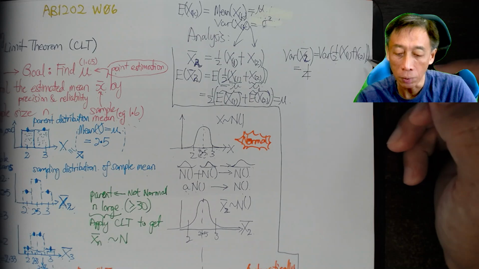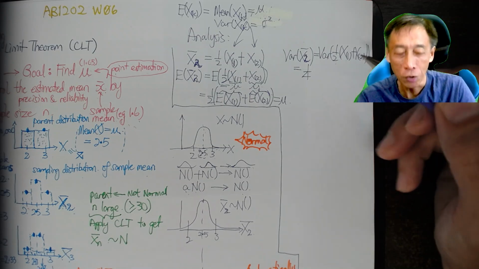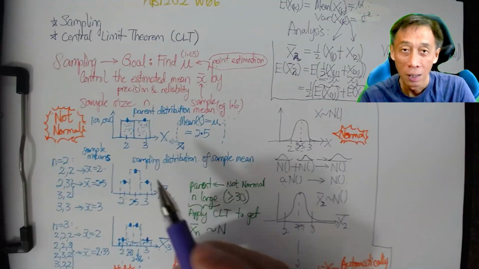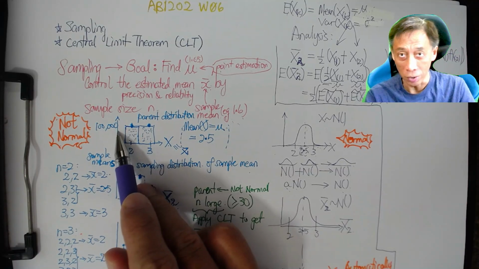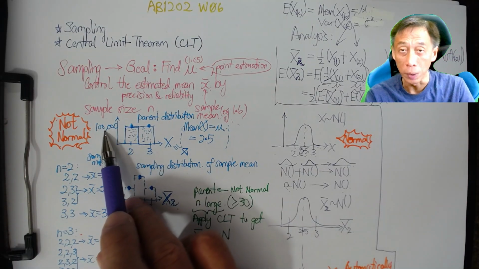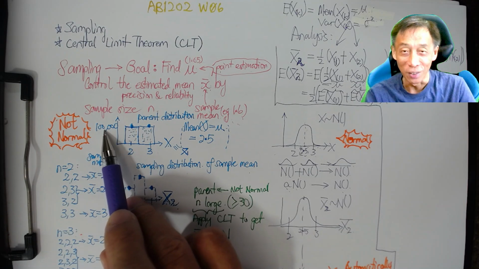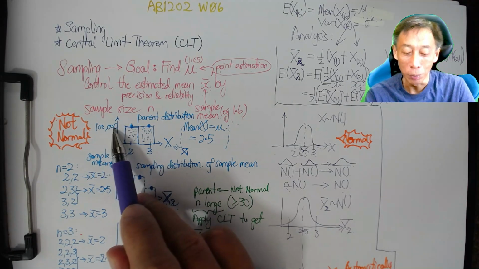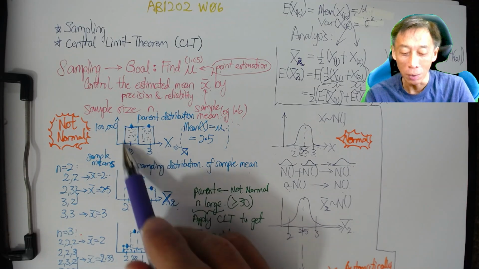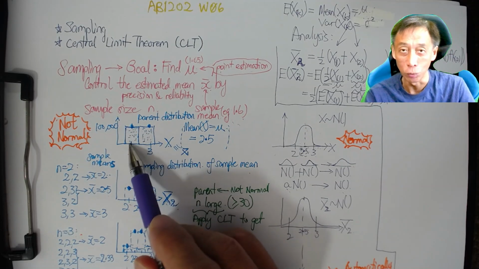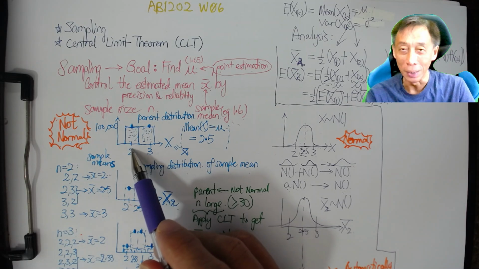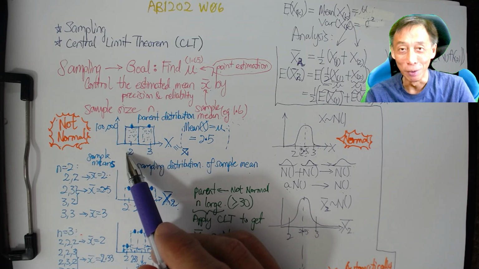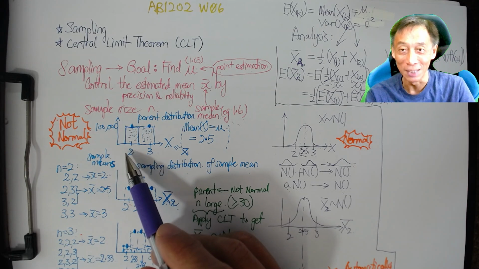And assuming x1, x2 are independent. Actually, with a finite population, it will not be independent, because imagine there are only 2 people, not 100,000 people. If I pick the first one who has a wallet size of $2, then it guarantees that my second pick will never be 2, correct or not? So it will be very dependent on my first pick.